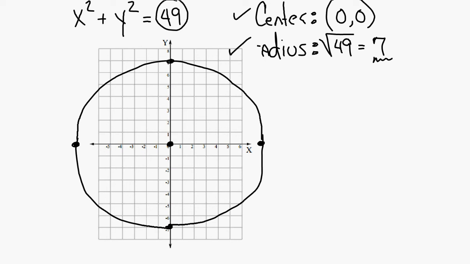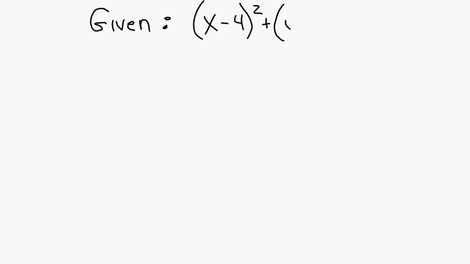Let's say that you're given the equation. Let's go with x minus 4 squared plus y plus 3 squared, and that's equal to 9. Let's make that equal to 16.